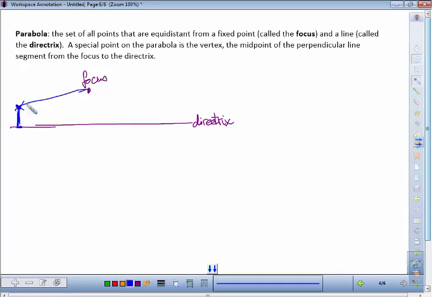That's not equidistant, right? If we pick a point right in between the focus and the directrix, is the distance from the focus to that point and that point to the directrix the same distance? Yeah, in fact, this is the midpoint between the focus and the directrix. So yes, this is a good point, and this is in fact called the vertex.